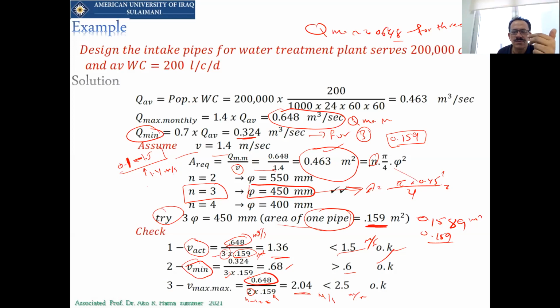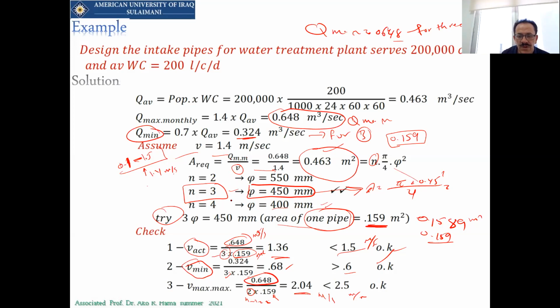Start from 2, 3, 4, and they should not be less than 2. If you are using 2, you need a pipe diameter of 550. If you are using 3, then you need 450, and if you are using 4, then you need 400. So you can decide for the 3. And by the way, you can check for four pipes, each of them 400.